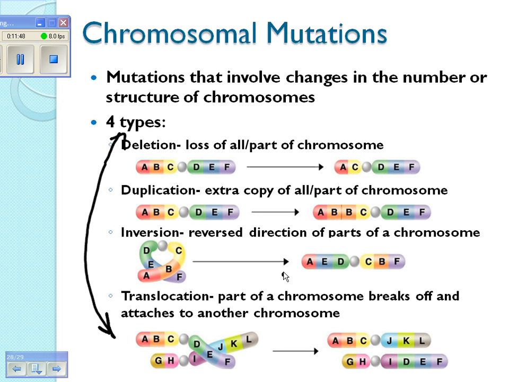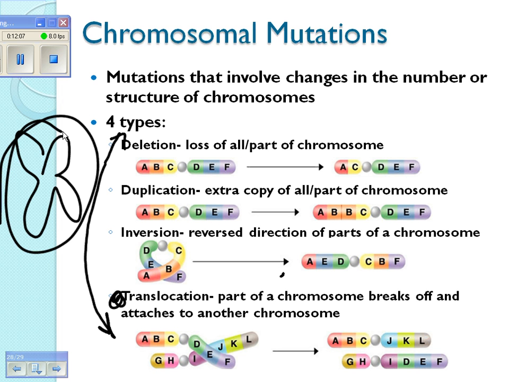So a test question might be like, part of this chromosome broke off and attached to this other chromosome. Is that a gene mutation or a chromosomal mutation? And you would say, oh, chromosomal, duh. Because chromosomal is when you mess with the whole entire chromosome or a whole chunk of it, not just one little rinky-dink gene.